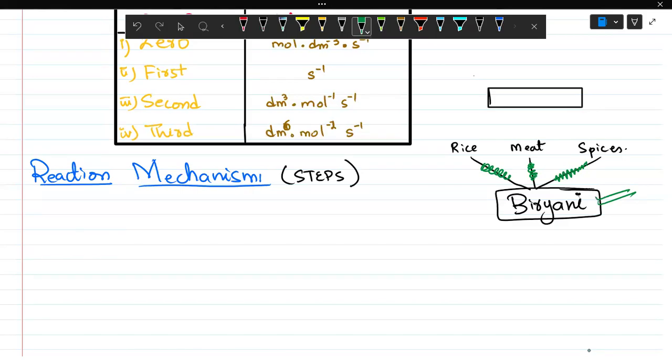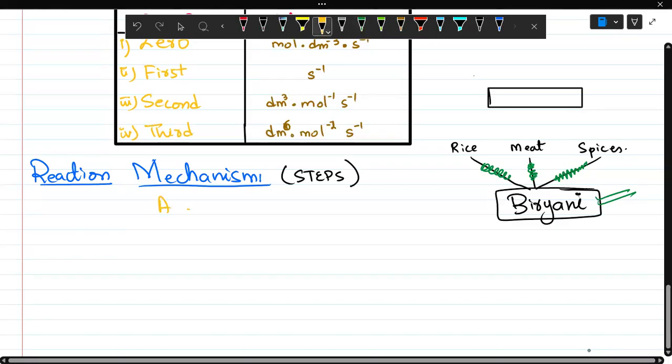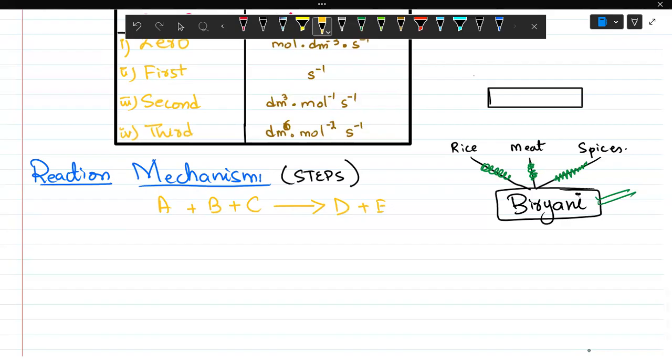Let's consider a chemical equation where A is reacting with B and C, producing D and E. We need three reactants here. If I consider the rate equation, what will be the rate expression here?